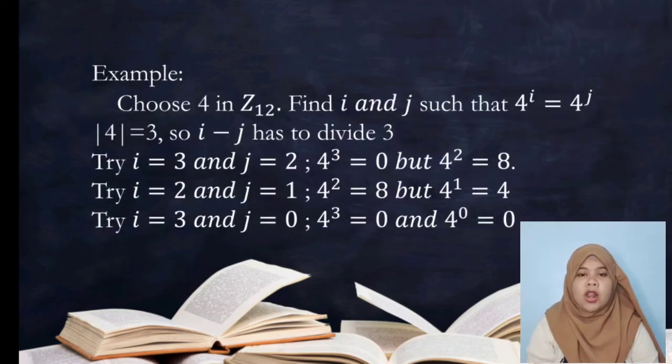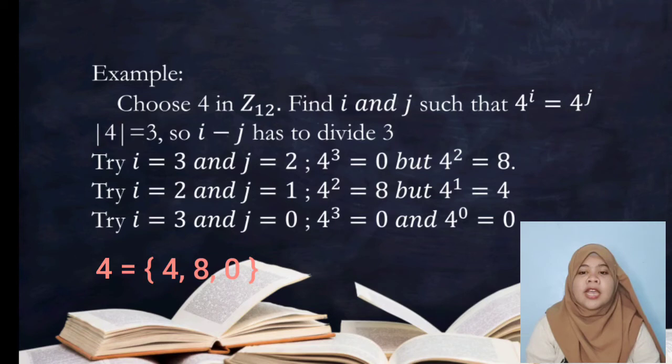For example, let's choose 4 in Z sub 12 and find i and j such that 4 to the i is equal to 4 to the j. So let's figure out first the order of 4. The order of 4 is 4, 8, and 0. So the order of 4 is 3.